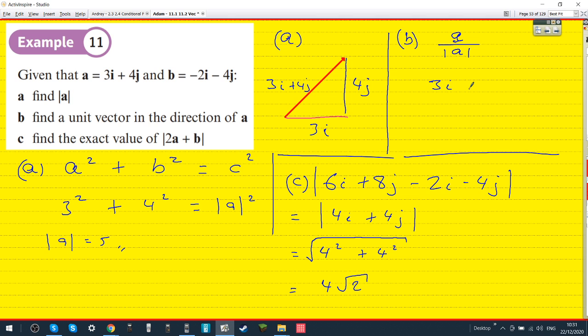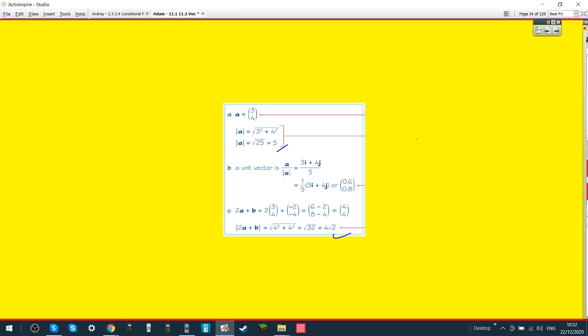And what is the magnitude of A? 5. Instead of saying that over 5, I think it'll be easier to write it as a fifth times that. Its magnitude is 5, so you have to times it by a fifth to make its magnitude 1. So it's a unit vector. One single unit. There we go. 1/5 of 3i plus 4j. Or you could write it as 3 over 5i plus 4 over 5j. Many different ways.